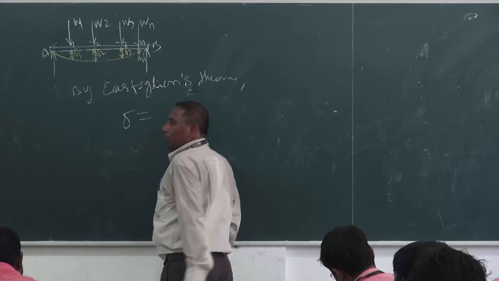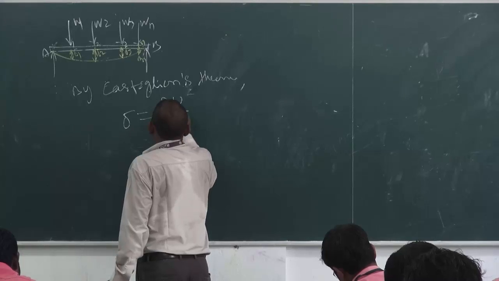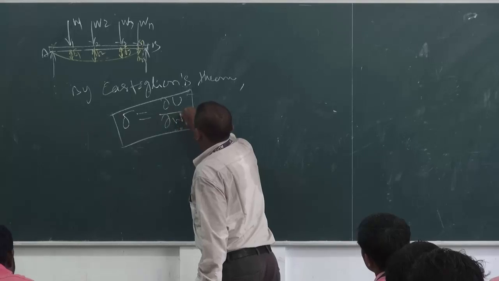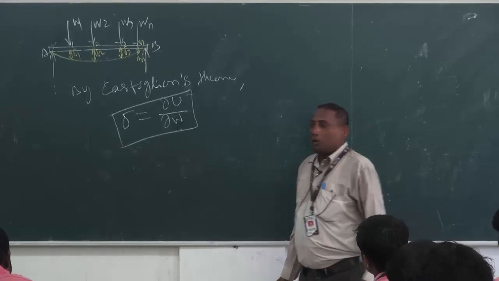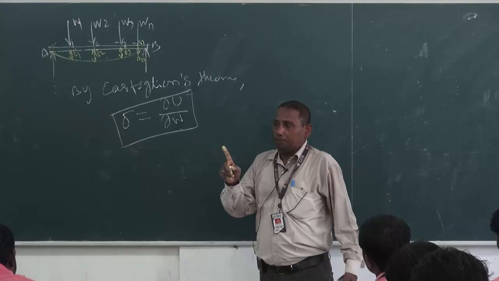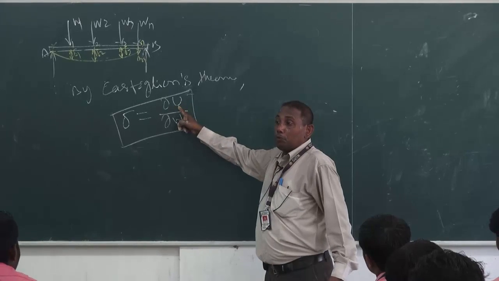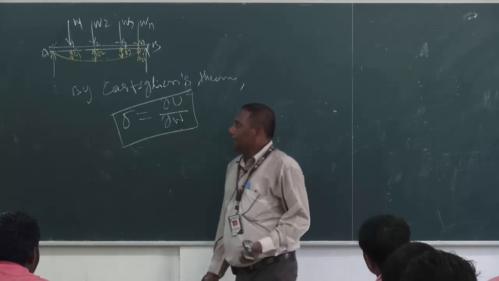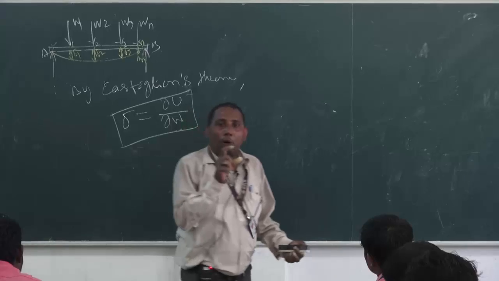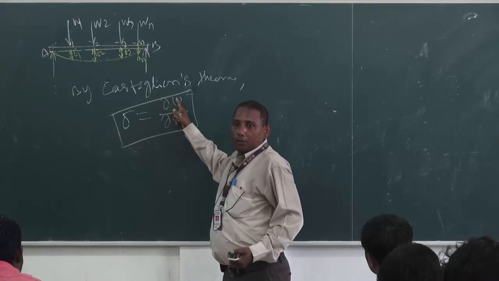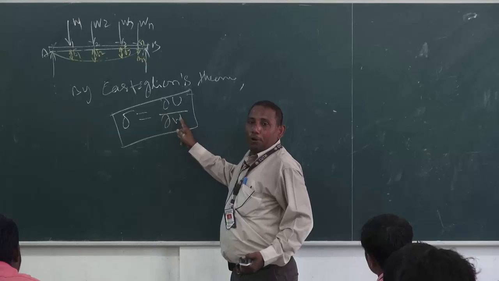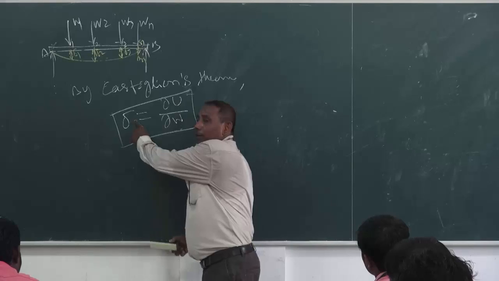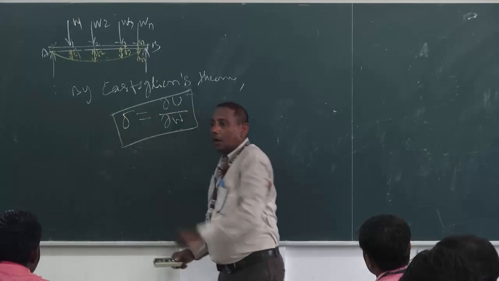Delta in general is equal to dou U by dou W. Dou means it is a partial derivative, of the strain energy U with respect to load W. So the statement is: the partial derivative of the total strain energy with respect to any load at a point is equal to the deflection at the point where the load is applied.